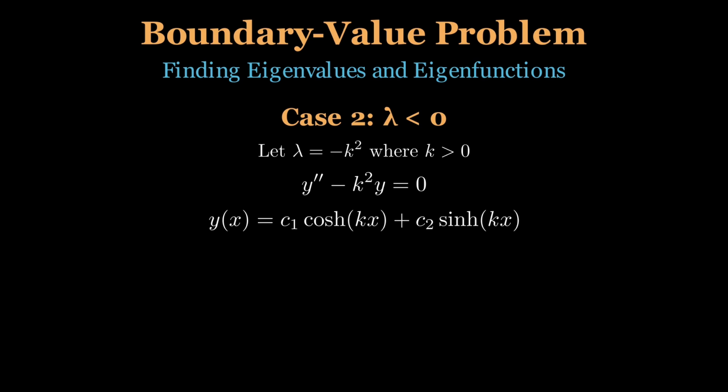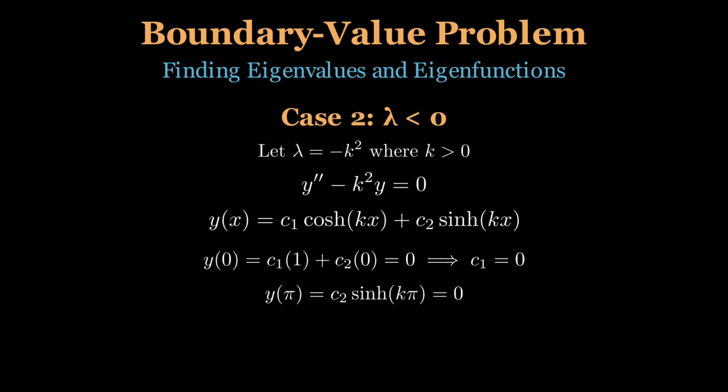Using the first condition, y(0) = 0. Since cosh of 0 is 1 and sinh of 0 is 0, c1 must be 0. Using the second condition, y(π) = 0 leaves us with c2 times sinh of kπ equals 0.